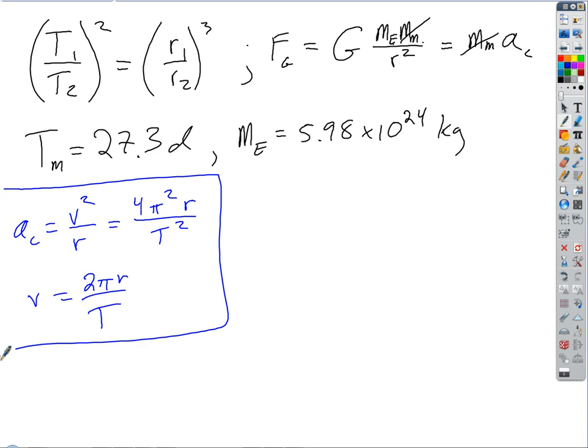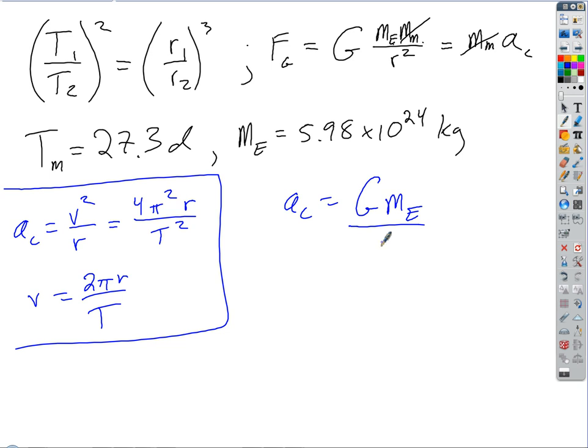We know that centripetal acceleration is equal to this, right? Capital G, which we calculated yesterday with our fancy torsional contraption, times the mass of the Earth, which we know, I'm just going to call it m sub e because that's a constant, over the radius, which is how far apart the moon is from the center of the Earth.